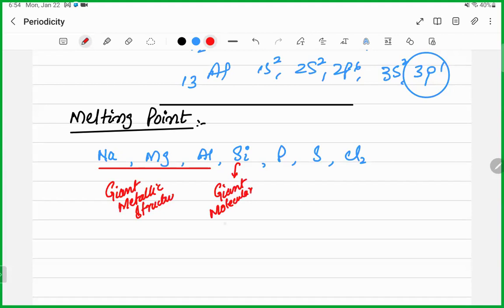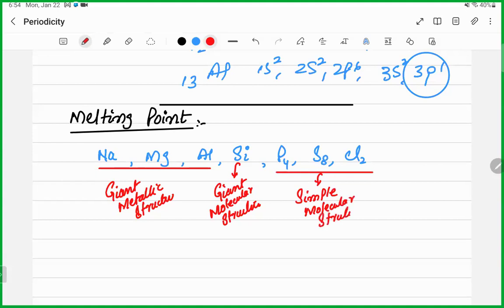It's the same structure as the structure of diamond. ठीक है? Now, from states of matter, we know that phosphorus exists as P4 and sulfur exists as S8 molecule. So these are the typical non-metals and their structure is a simple molecular structure.